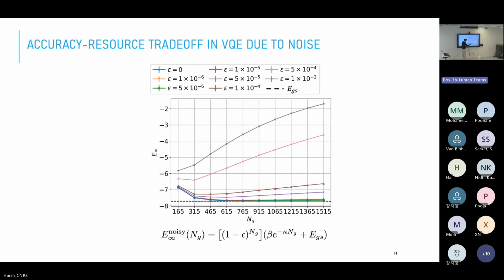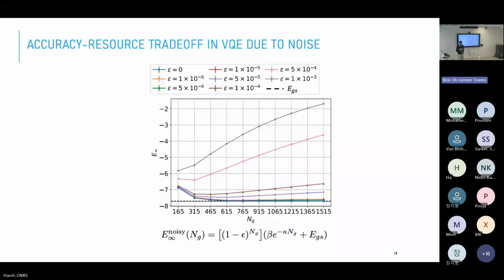In the absence of noise, as I increase the number of gates, shown on the x-axis, I converge towards the true result. But as noise is increased, so I go from blue to orange to green and so on, I begin to see these trade-offs, which is prominently visible here in the pink color, where I cannot in fact get to the results that I actually want.